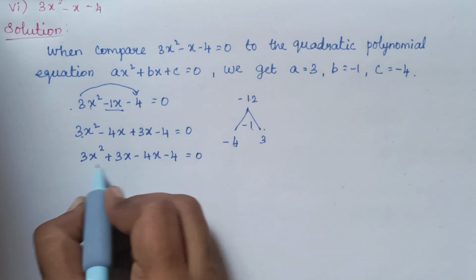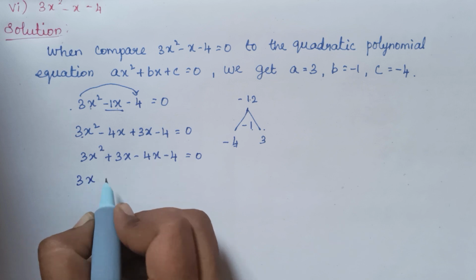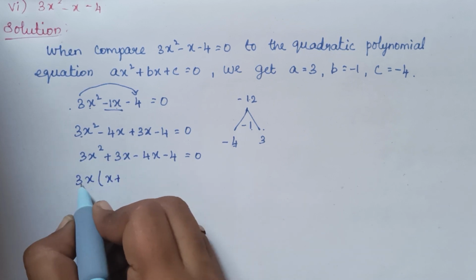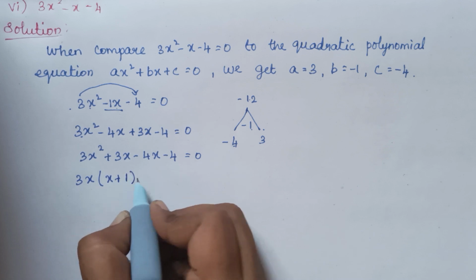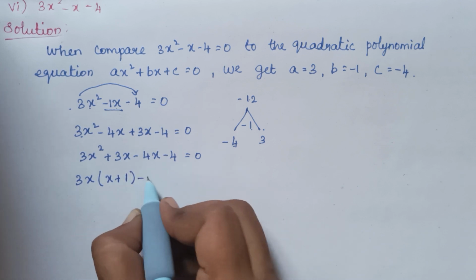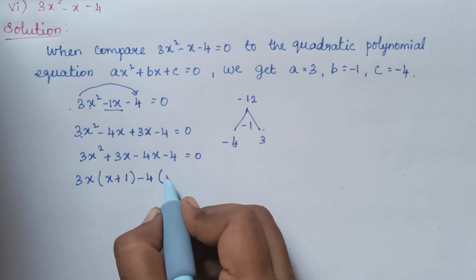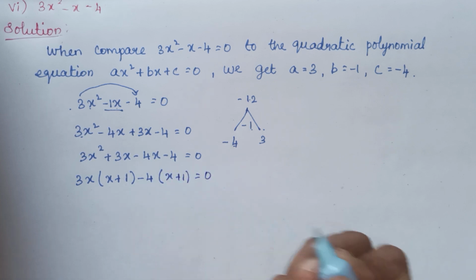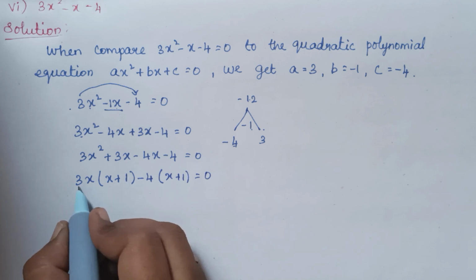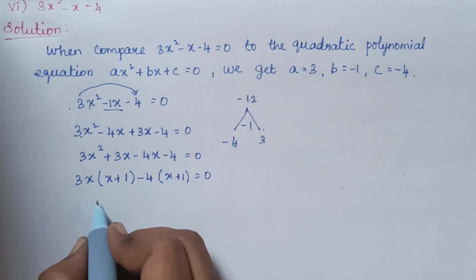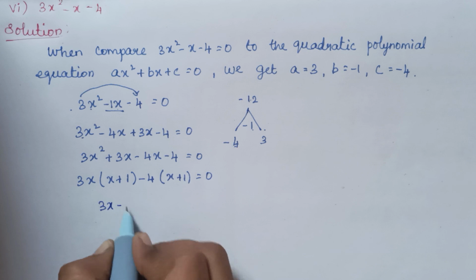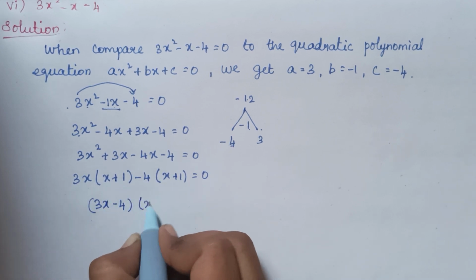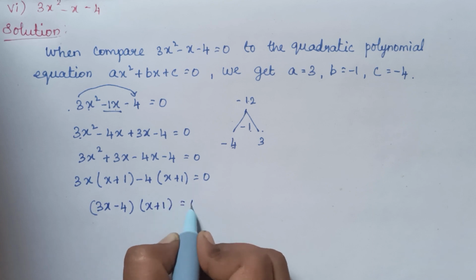Now, I am taking 3x as common. So remaining x plus 1 comes out. Here take minus 4 as common, remaining x plus 1 is equal to 0. Okay. So now the left over common terms we can write together. So 3x minus 4, and x plus 1 is there, we can write one time x plus 1 is equal to 0. Okay.